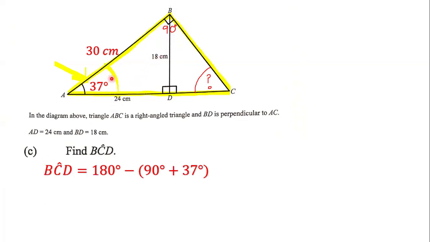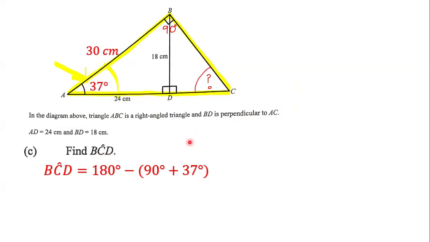Well, the angles in a triangle add up to 180 degrees. And so if we know that this is 90 and this is 37, and all of them add up to 180 degrees, what we have to do is take 90 and 37, add them up, and then subtract that sum from 180 to get what C is.